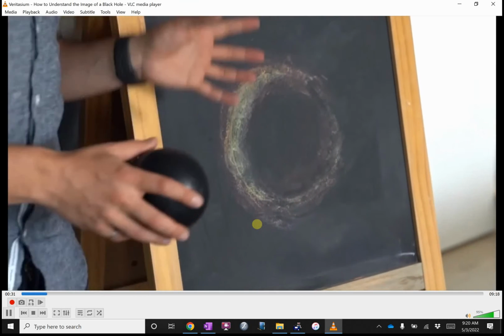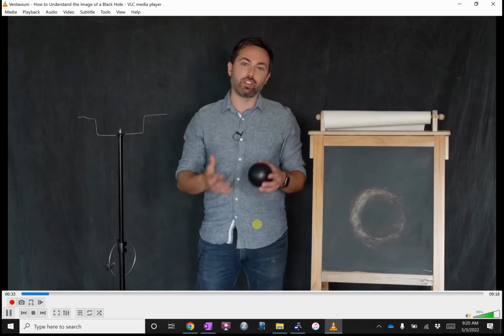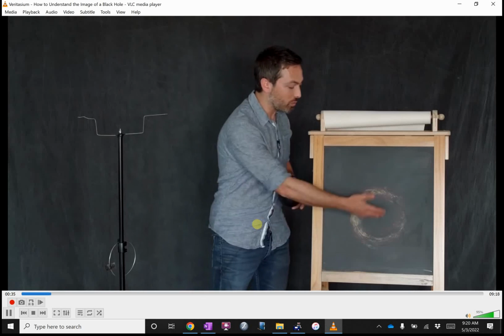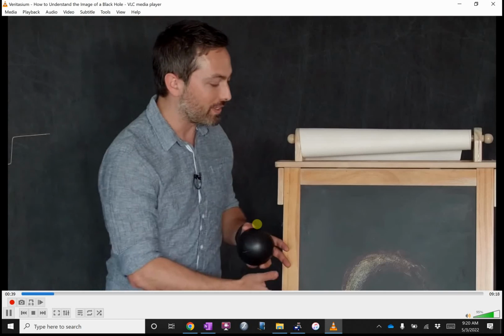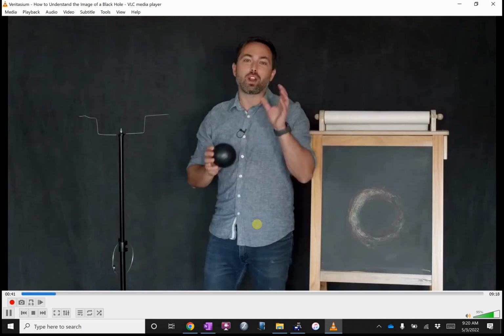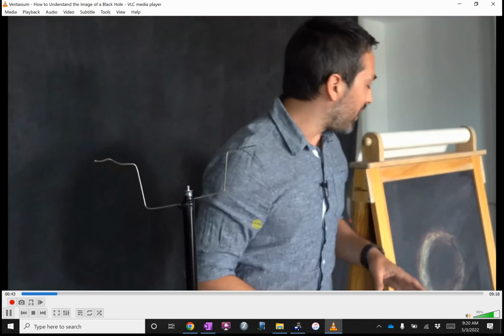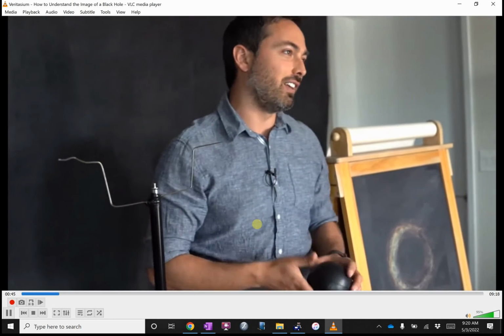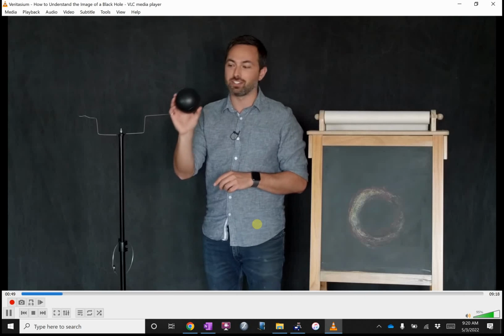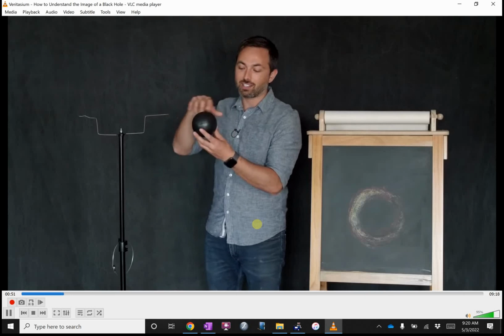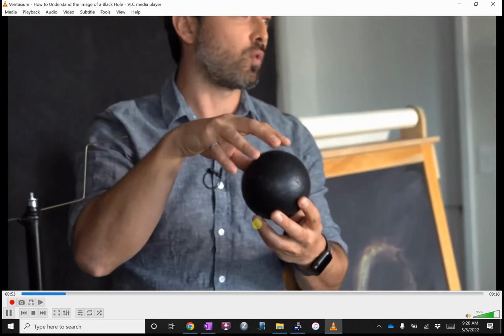From this image, we should be able to tell whether the general theory of relativity accurately predicts what happens in the strong gravity regime, that is, what happens around a black hole. What I want to do here is understand what exactly we are seeing in this image. So here is my mock black hole of science. And this sphere represents the event horizon.